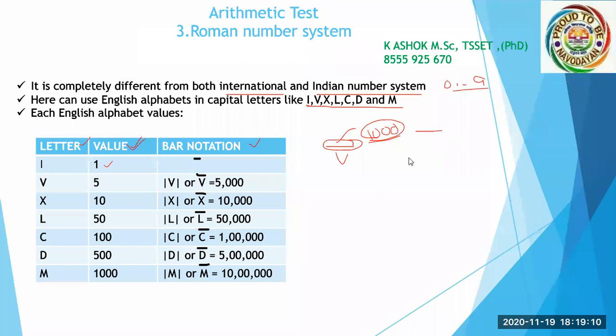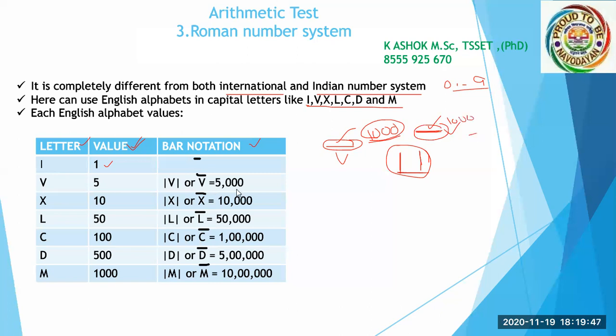It can be written as a bar, or you can use two lines, one on the left side and one on the right side, or one line at the top. We can use both ways. So a bar notation is nothing but 1000. Keep in mind it is 1000.